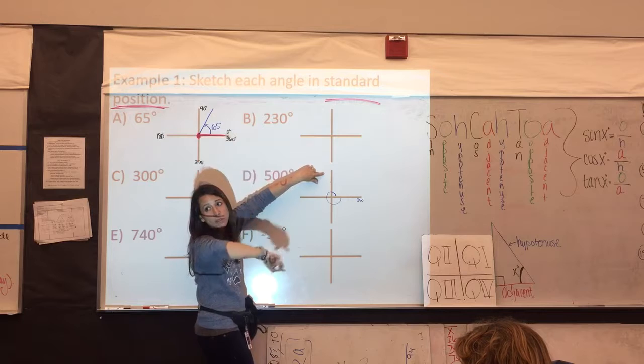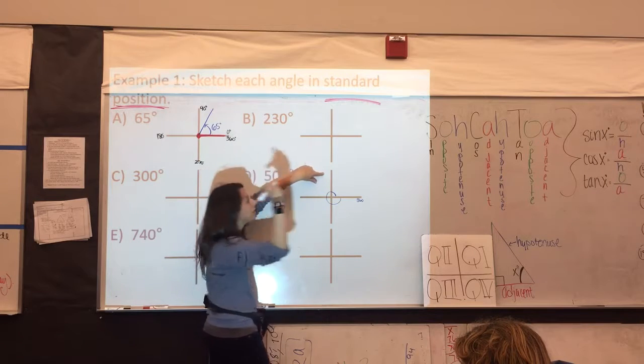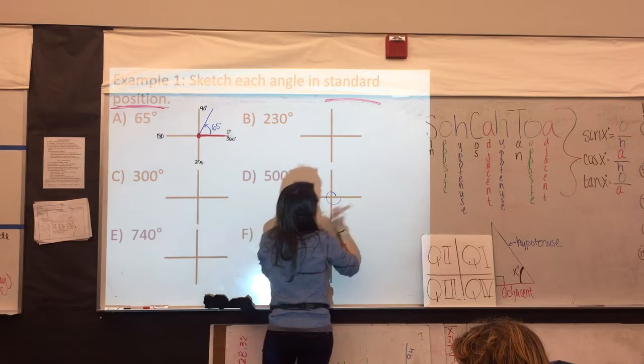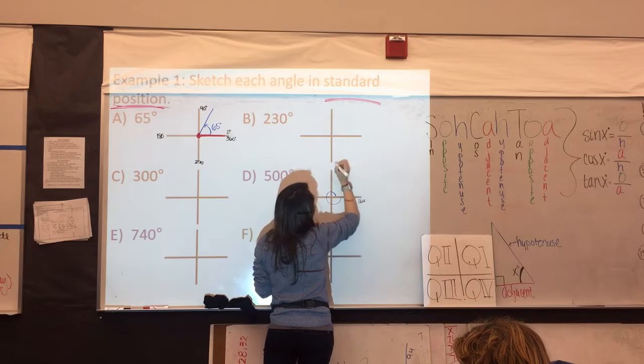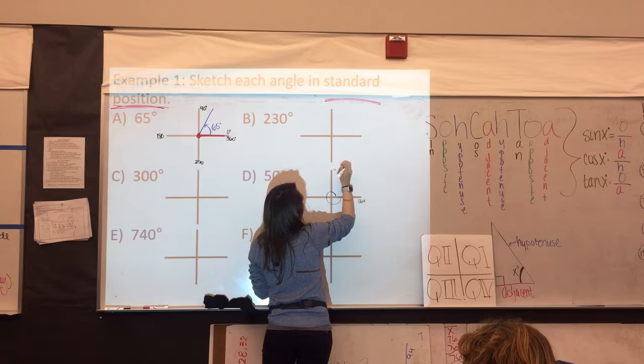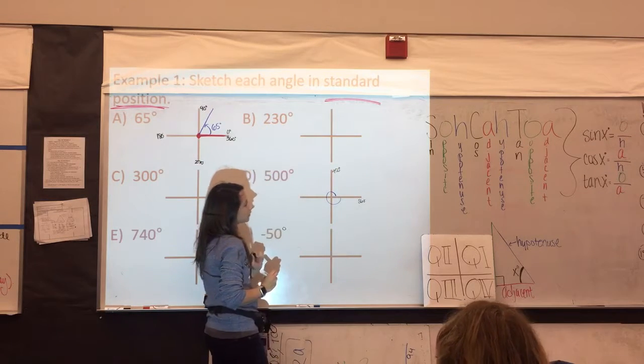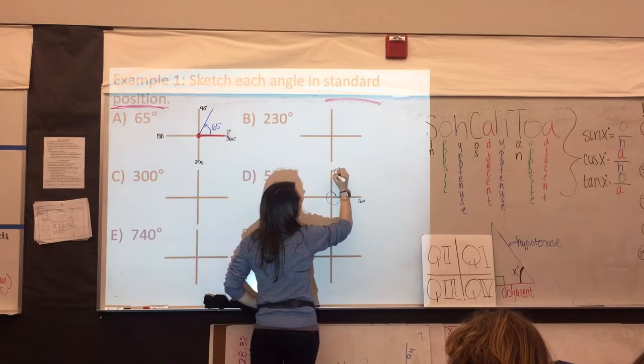If I went all the way around once already? 450. How'd you get 450? We add 90, okay? So you take the 360, we added 90, so we had 450, okay? Because we added 90.